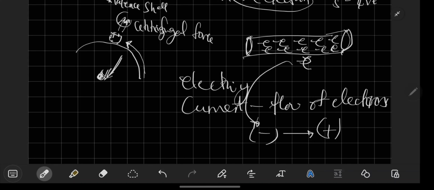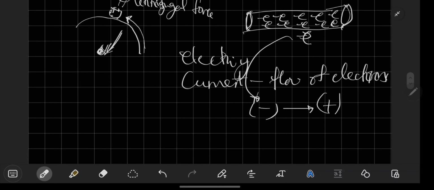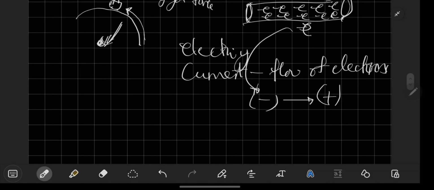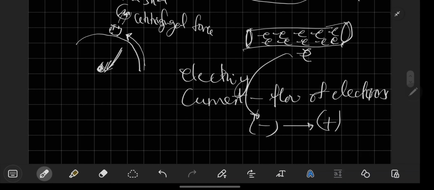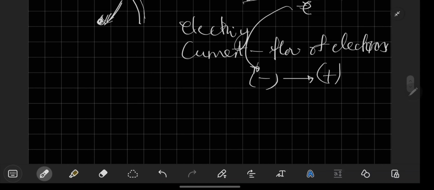Maraming nangyari dati, nagtalo sila kung ano ba talaga yung tunay na flow ng current or ng kuryente, kung electron flow ba yan o conventional flow ba yan. So, the answer is walang mali sa dalawa. It depends on how you use the two types of current flow.